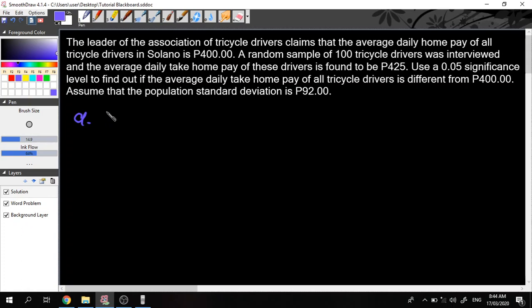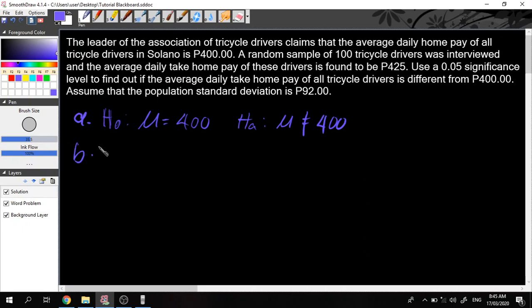So for this time, ang ating H0, our mu is equal to 400 kasi ito yung ating claim. And our HA will be mu is not equal to 400 pesos.